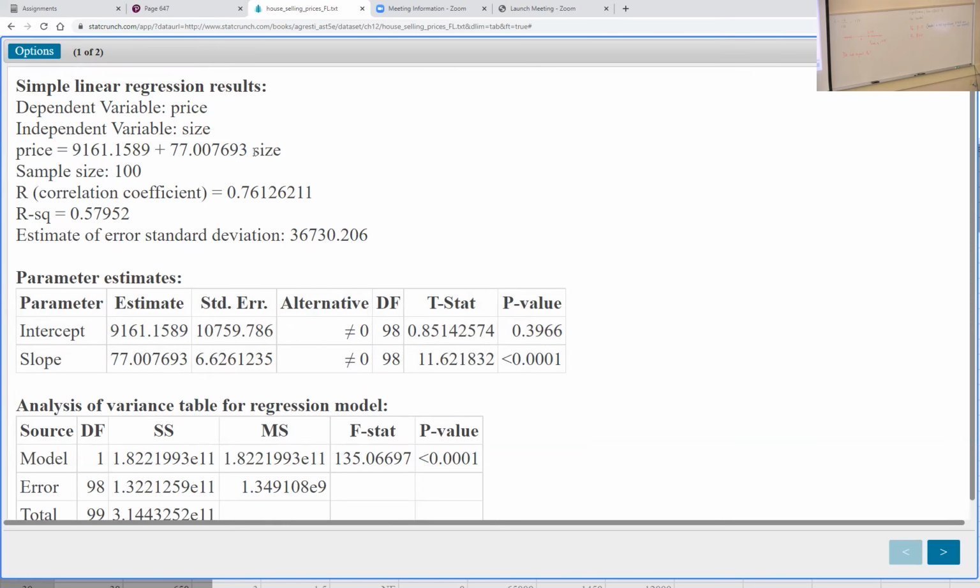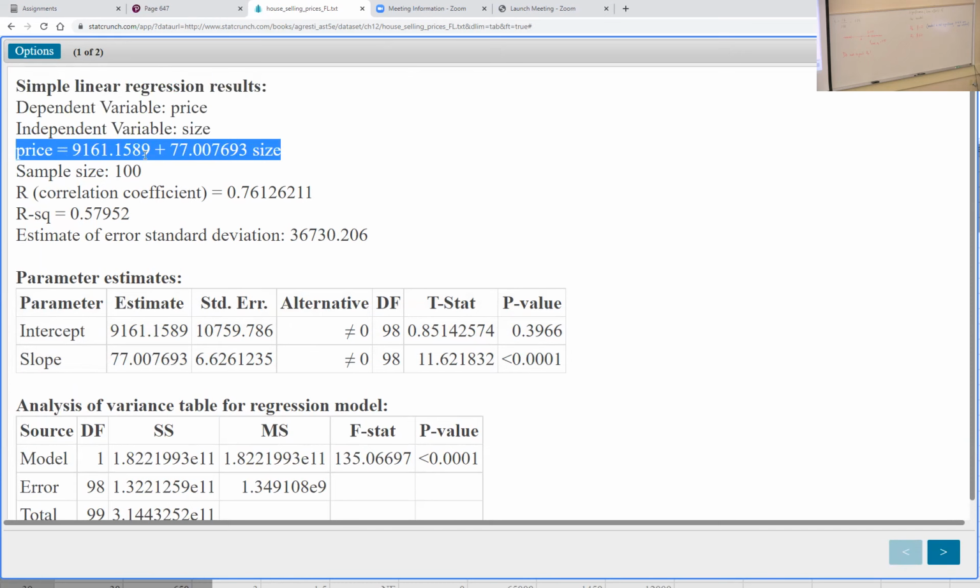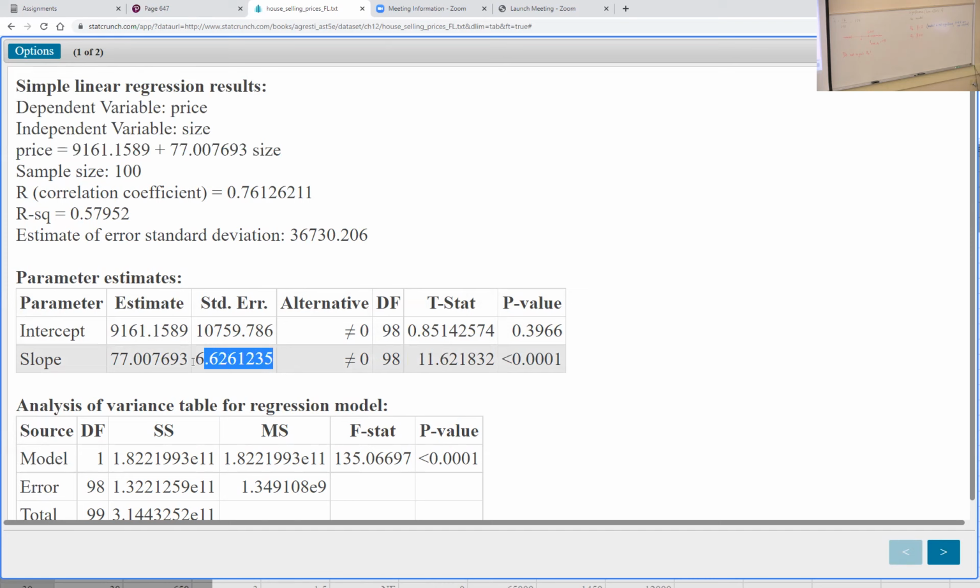I want you to write that one down. Price equals that expression. And we want to find the standard error.